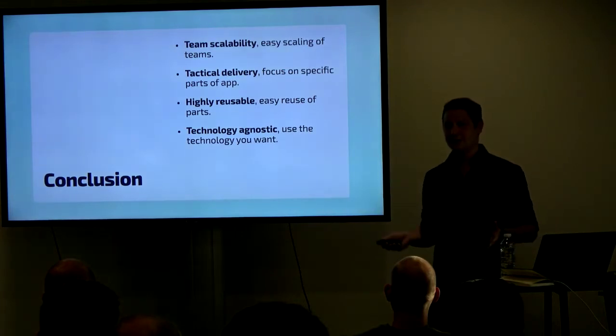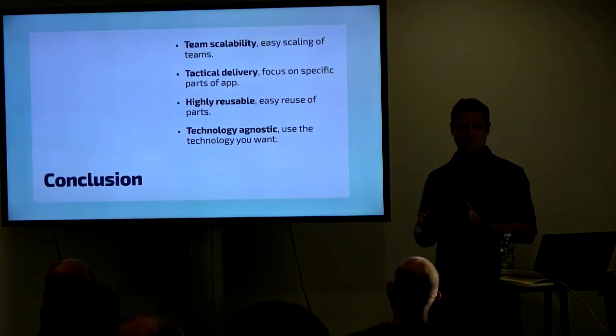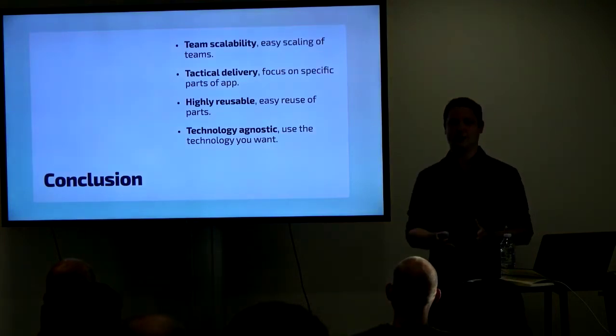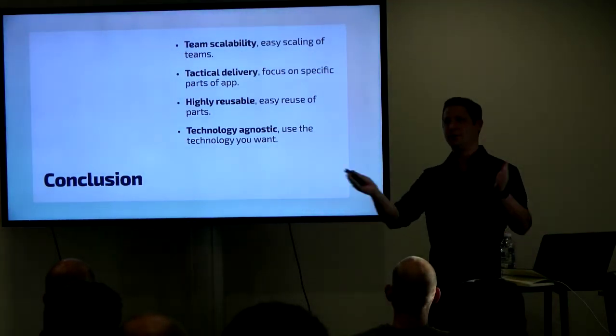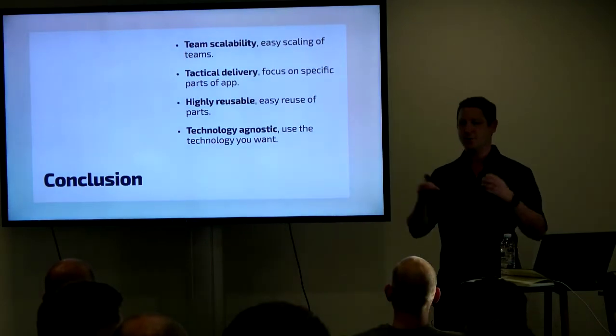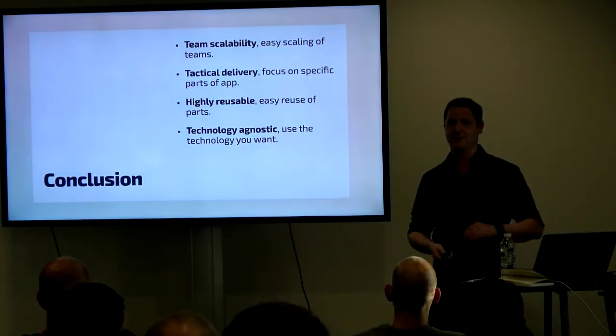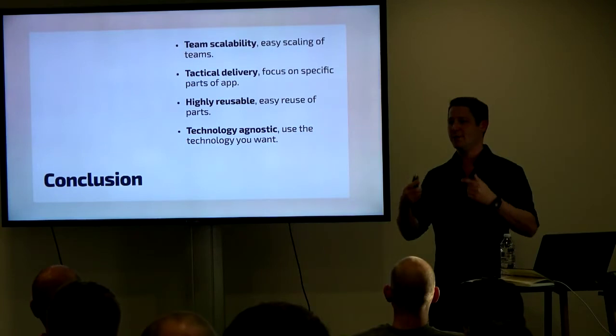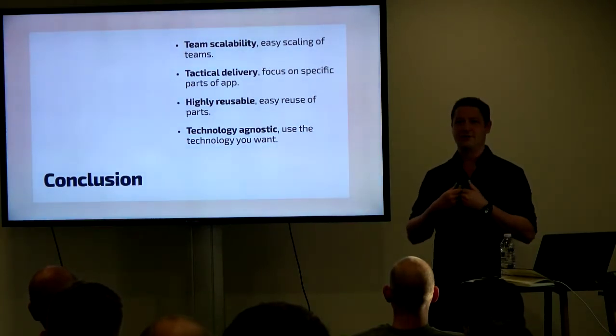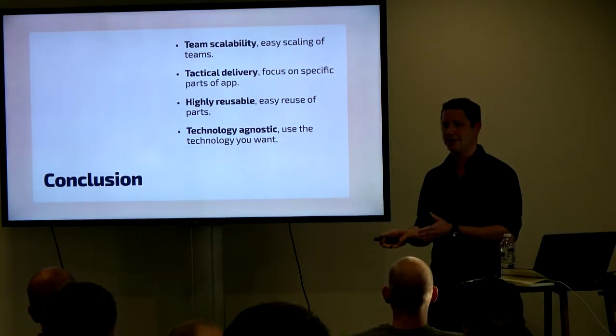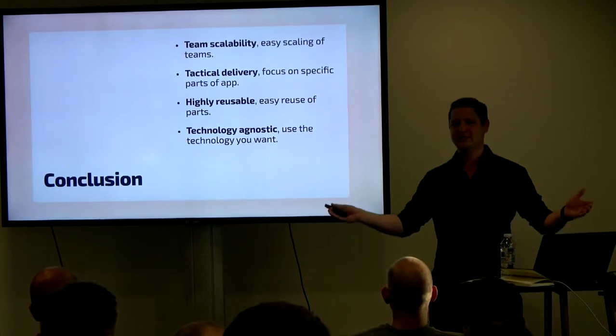You can do tactical delivery. You can focus on specific parts of the app. You can actually deploy your dashboard page. If that's a single micro frontend, then you can update that if you have a deployment cycle that's every week, and the other parts of the app are every second week.